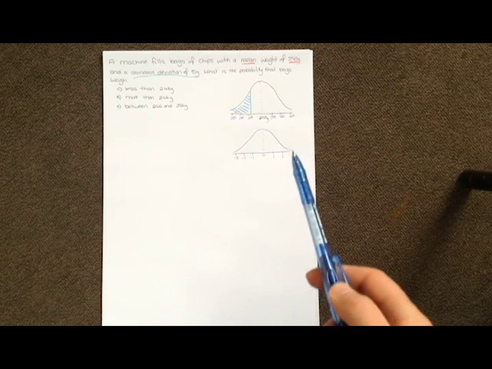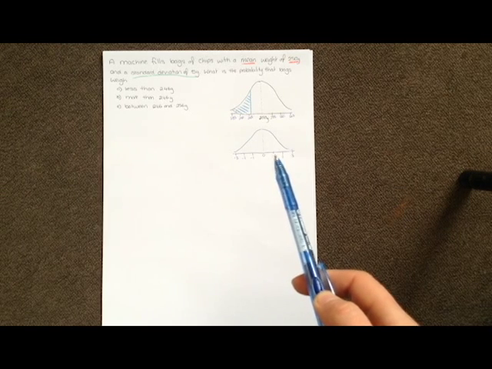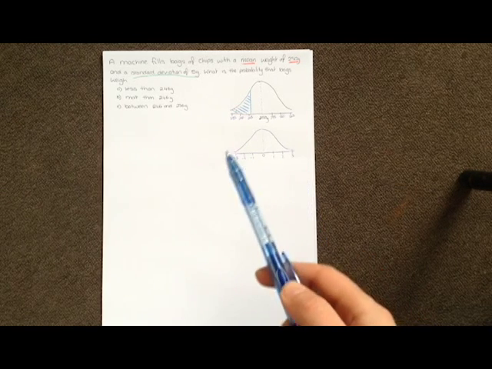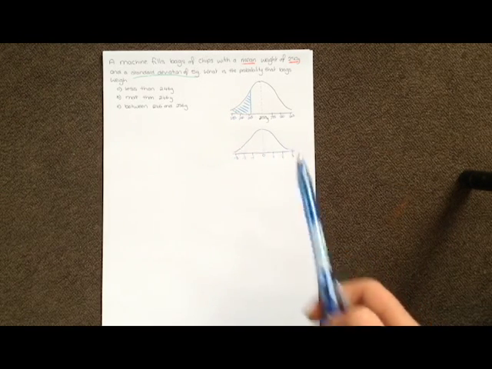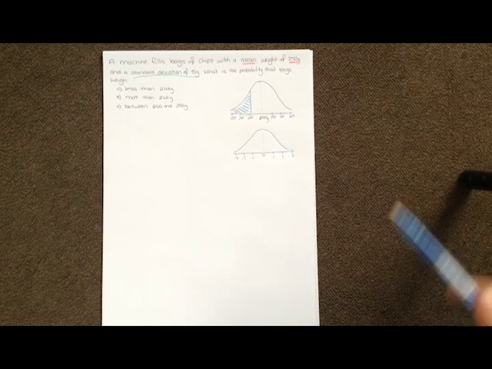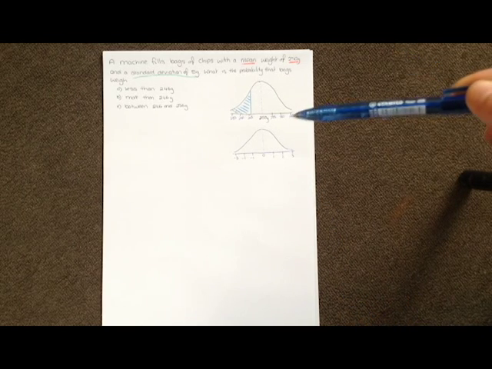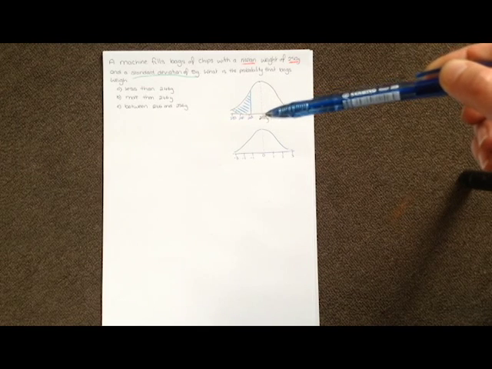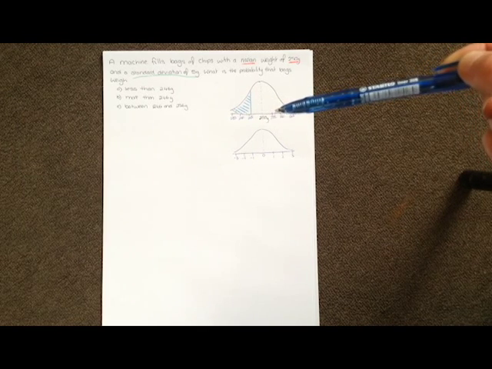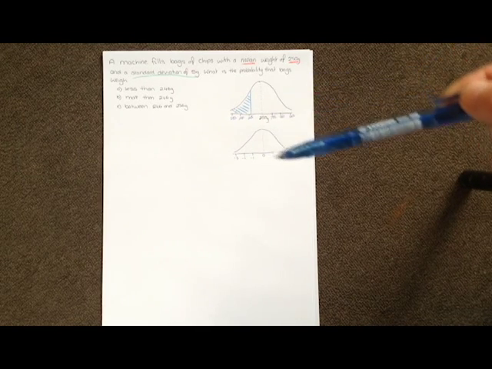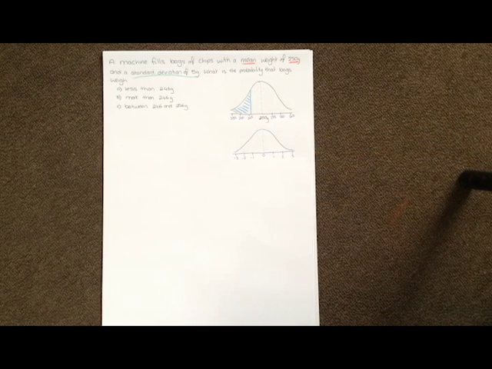So this here, when the mean is 0 and the standard deviation is 1, this is called a standard normal curve. And there's a conversion that helps you turn any value in your curve that doesn't have a mean of 0 and a standard deviation of 1 into a standard normal value.